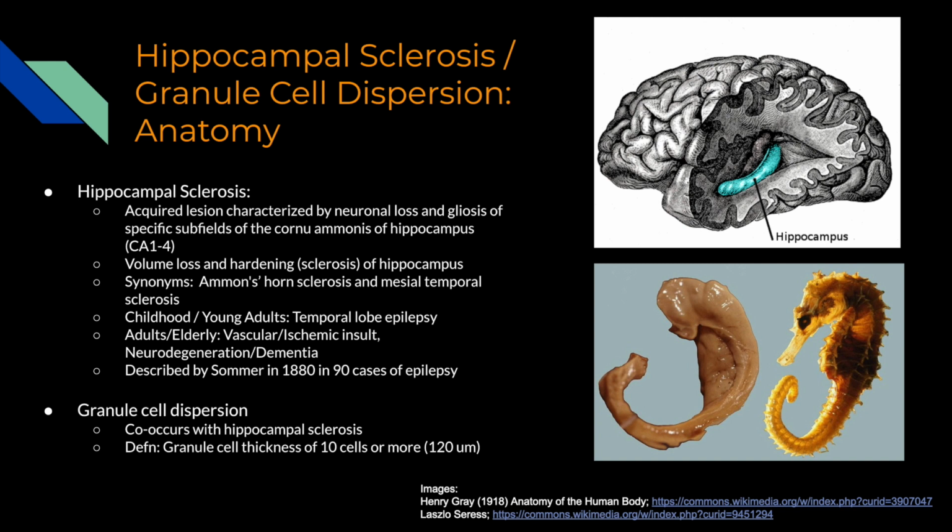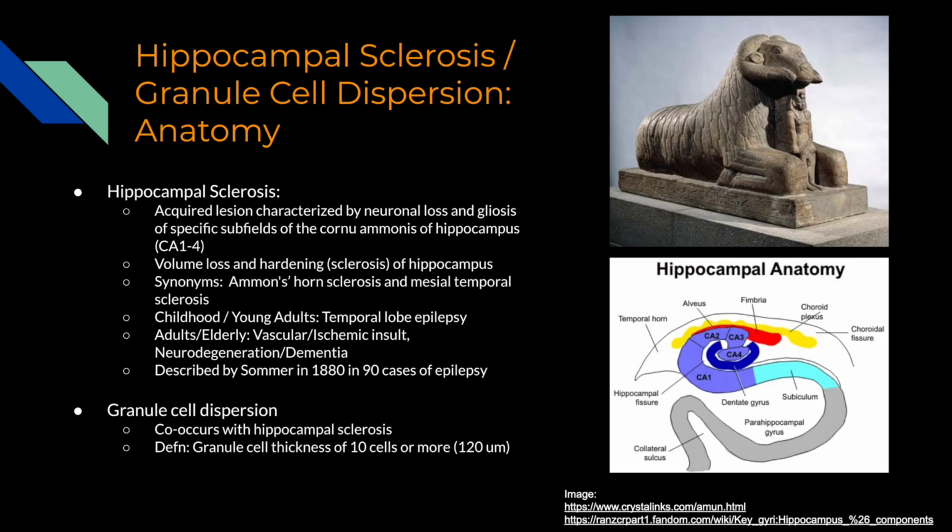So in this disease, as we'll see, there's volume loss and sclerosis of this structure, and other terms that you may hear being referred to are Ammon's horn sclerosis and mesial temporal sclerosis. So the mesial is really just depicting where the structure is located. It's in the middle aspect of the temporal lobe, and really the Ammon's horn aspect is referring to this Egyptian pharaoh that was often depicted with a ram.